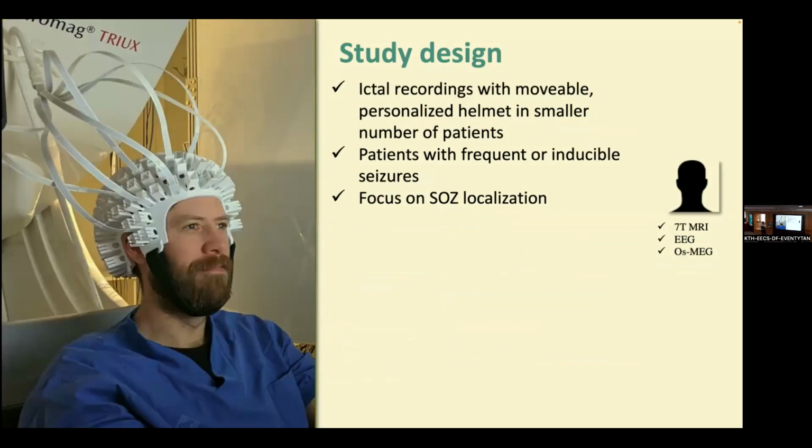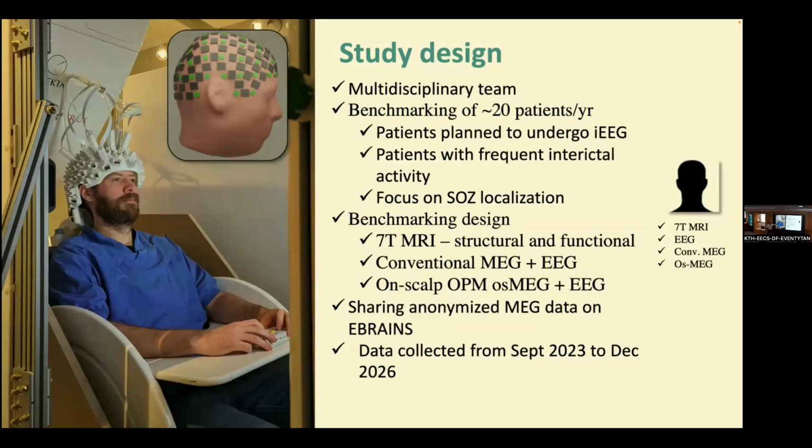In addition to doing standard recordings, we also want to do some recordings specifically aimed at measuring seizures. There, the idea is that each subject gets a personalized helmet that is free to move. The other one had a fixed helmet. I don't know if that was visible, here in the back, it's fixed.